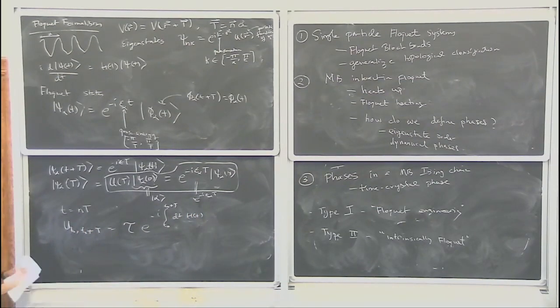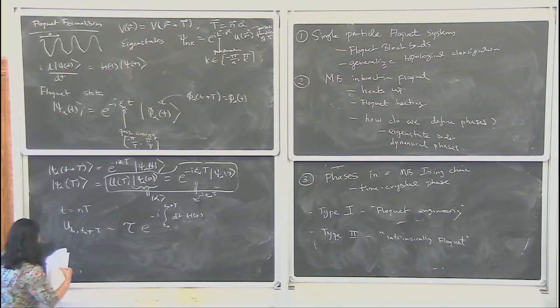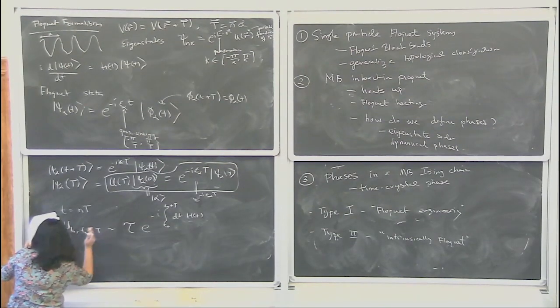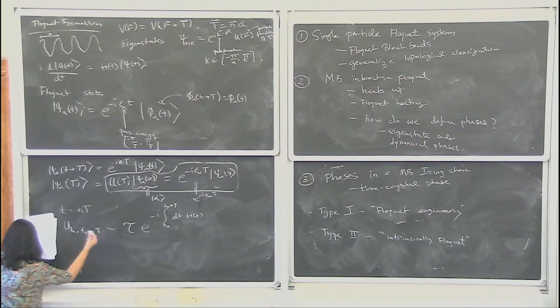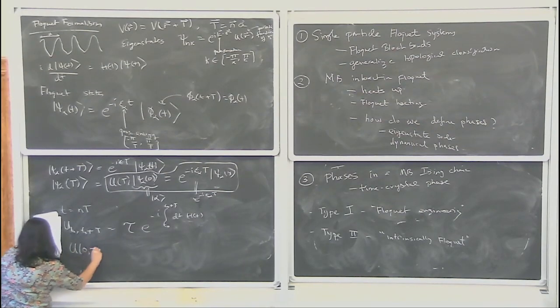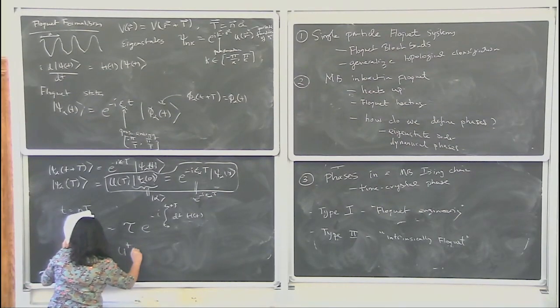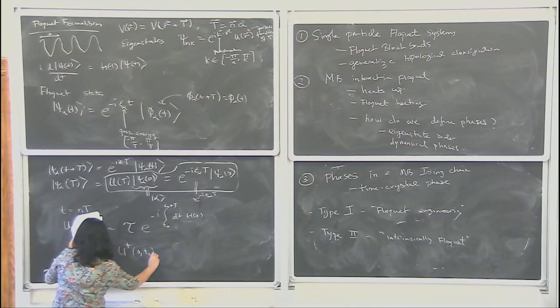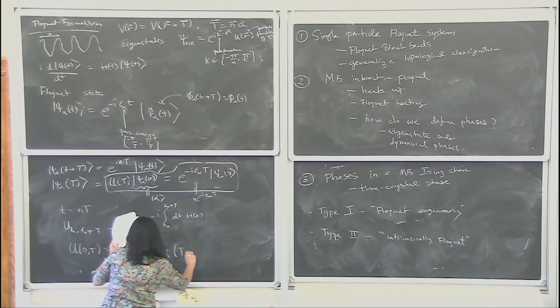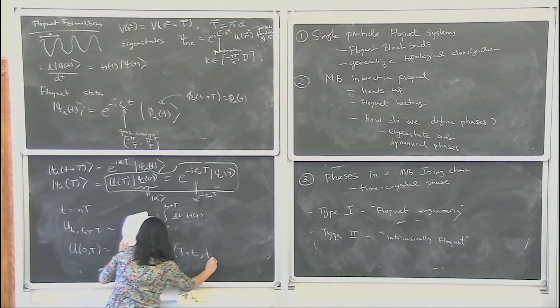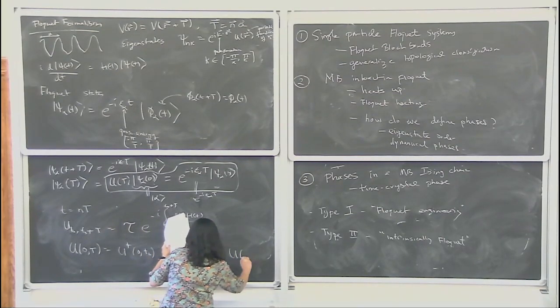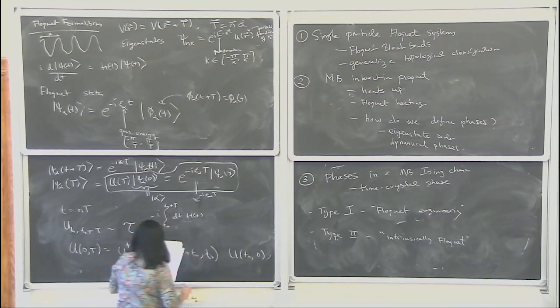Okay, so if you want to know the evolution stroboscopically, you want to know, okay, where am I probing the system? Where am I probing it between 0 and T? And then you look at this time evolution operator starting from that point. Okay, and these are all unitarily related, which of course means that they have the same eigenvalues but different eigenvectors.